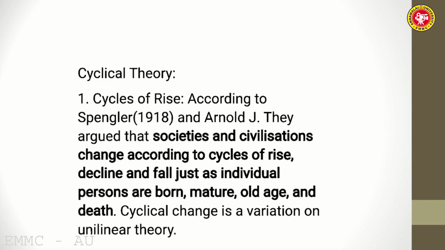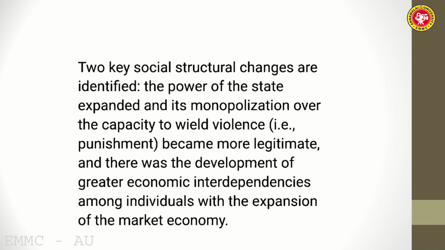Then cyclical theory. The cyclical theory, according to Spengler and Arnold J. Toynbee, argued that societies and civilizations change according to cycles of rise, decline and fall, just as individuals are born, mature, reach old age and die. The cyclic change is a variation on unilinear theory.